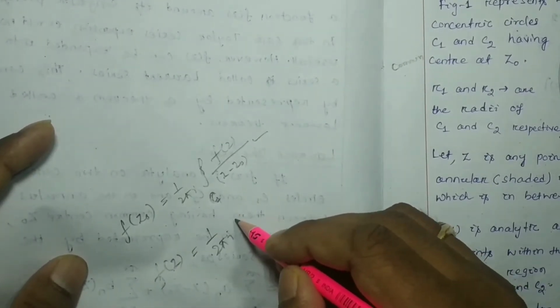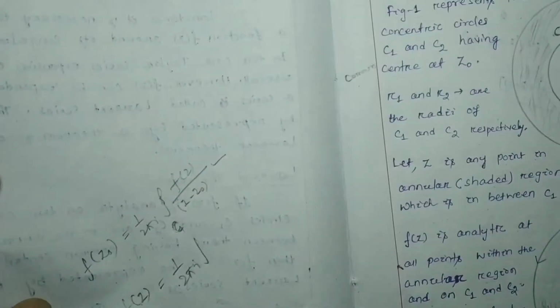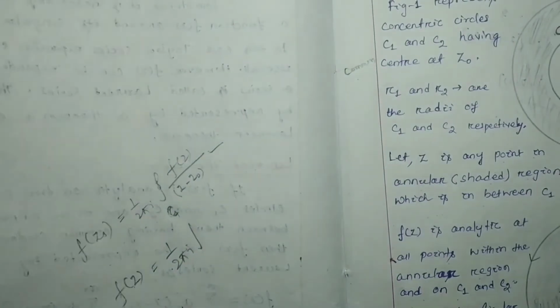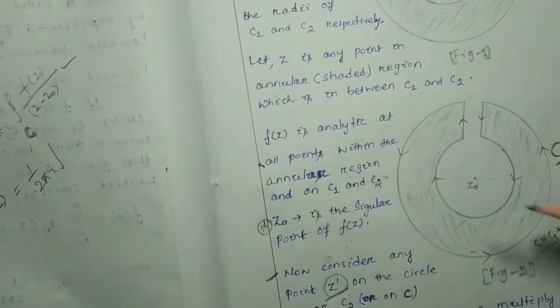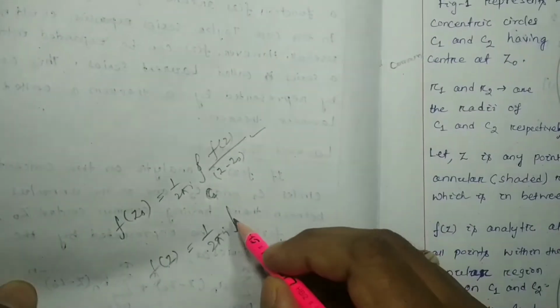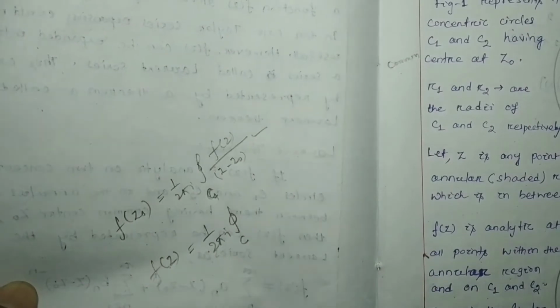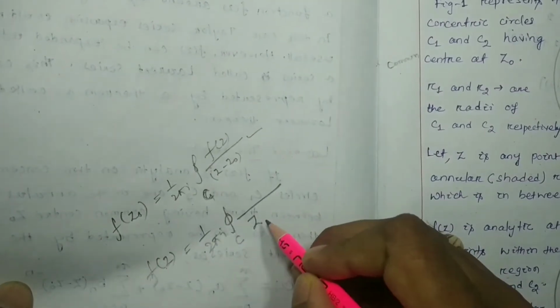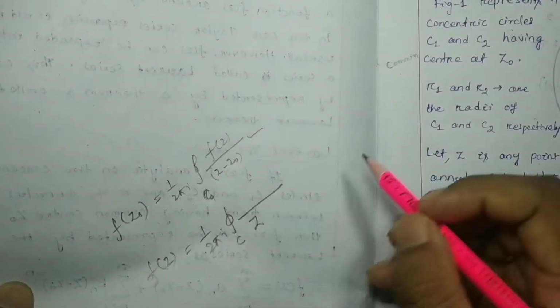As it is transformed to a simple closed contour C, I can write C, divided by z minus z0.